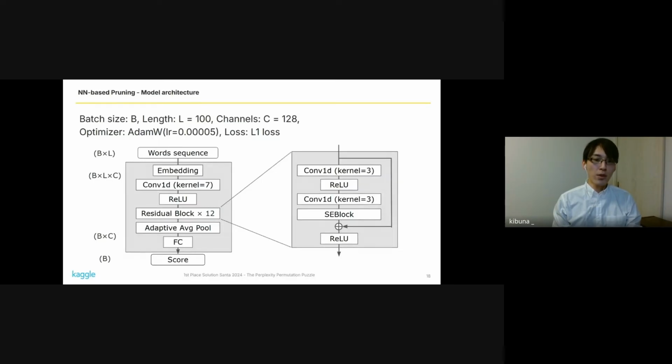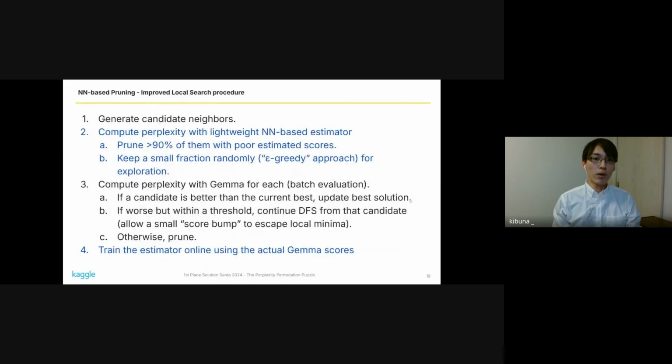With this neural network-based pruning, our final search procedure was as follows. The new additions are highlighted in blue. Now, since the neural network was trained online, we applied an epsilon-greedy-like strategy.